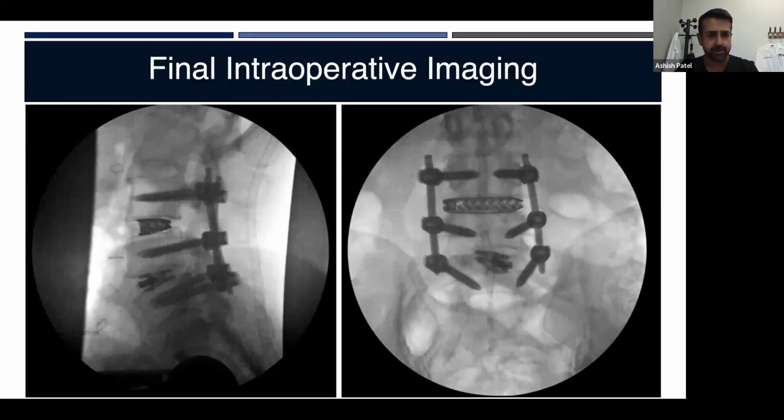We were able to obtain our alignment goals and decompress the right foraminal stenosis with a direct decompression, and he had a reasonably good outcome. So I hope the fusion takes at L4-5. But what I'm demonstrating is that when things don't go like you intended, which happened in our early learning curve, buying into your plan B, which was my typical plan A, is not such a bad thing.